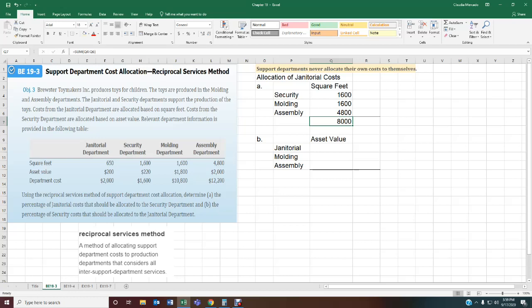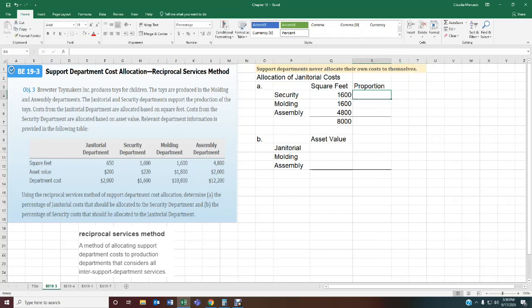Now we need to get a percentage or a proportion of how much each department utilizes based on my total square feet. So we're going to get the proportion. To get the proportion, you're going to get the amount of square feet for that particular department, and you're going to divide it by the total square feet.